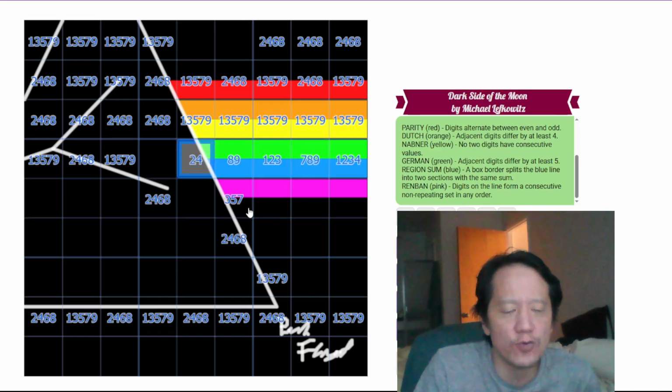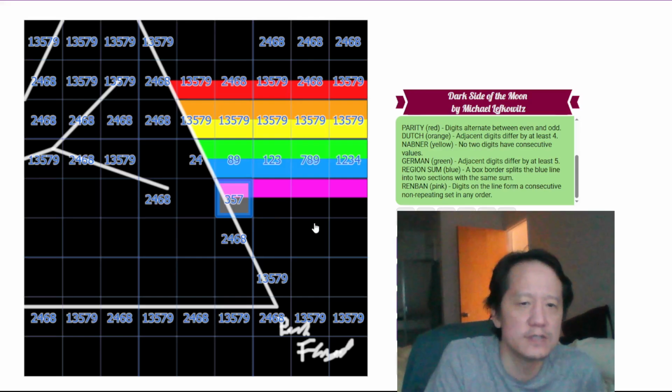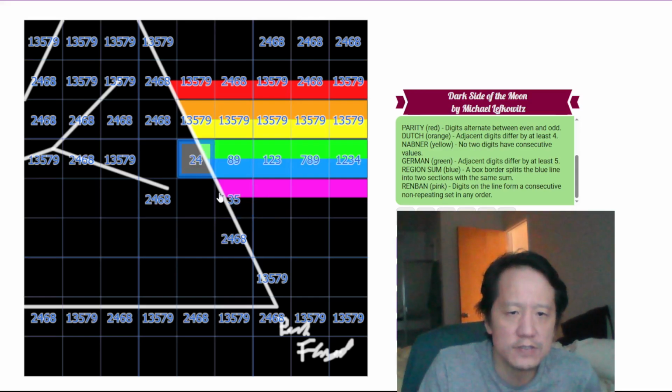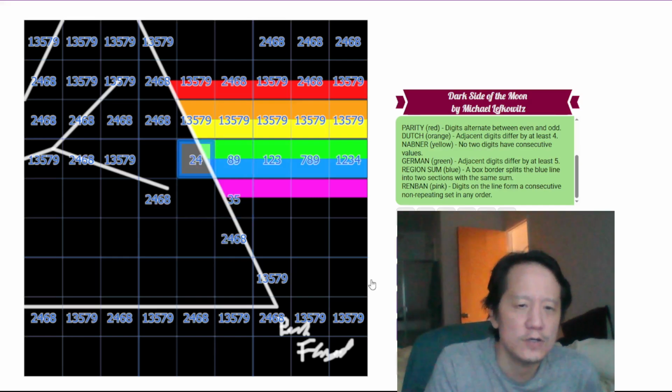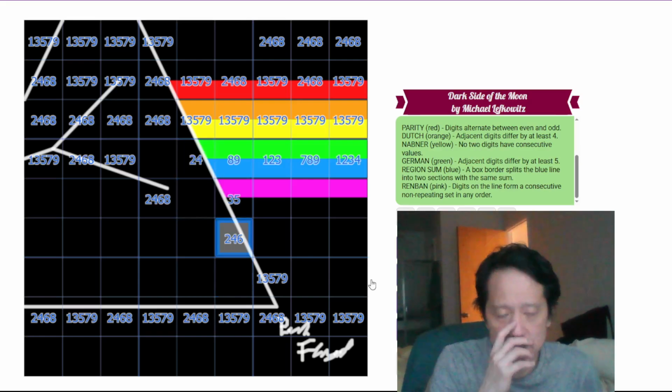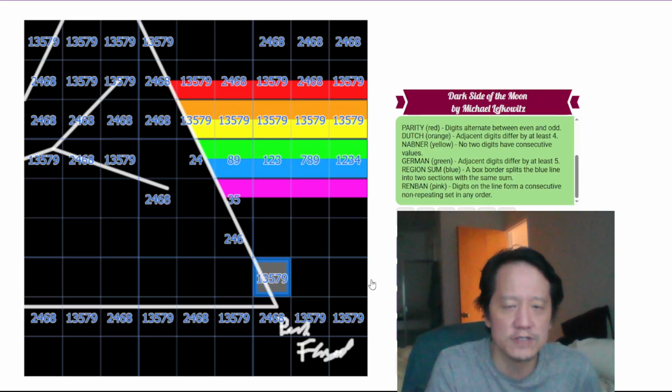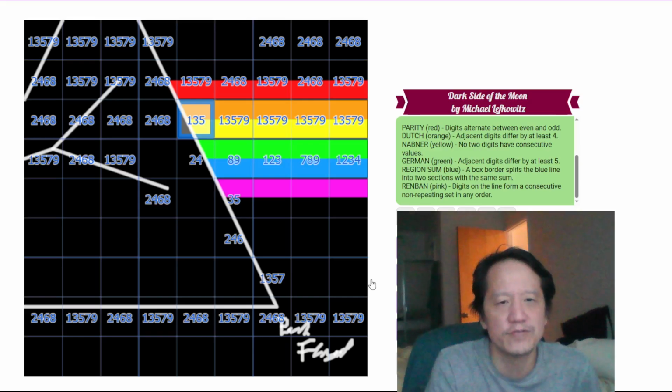This is 2 or 4, so this cannot be 7 here. That means this is 2, 3, 4 possibility, or 4, 3, 2. 4, 5, and 6 is a possibility, so this cannot be 8. This is consecutive with these digits, so it cannot be 9. 2 and 4 is consecutive only with 1, 3, and 5, so this is 1, 3, or 5 here.